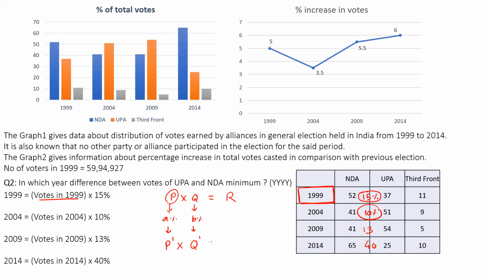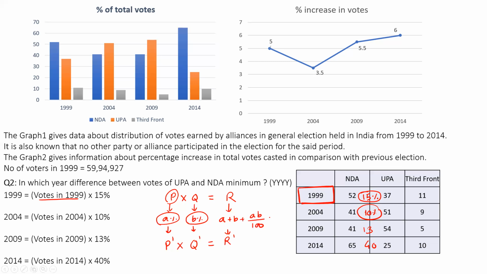Now, the product of P dash and Q dash, let us say, is R dash. So if I increase the first number by A% and the second number by B%, their product goes from R to R dash, and the percentage increase will be equal to A plus B plus AB upon 100.